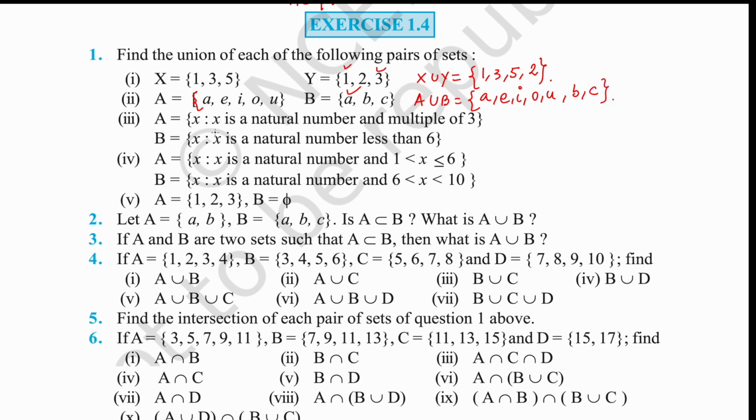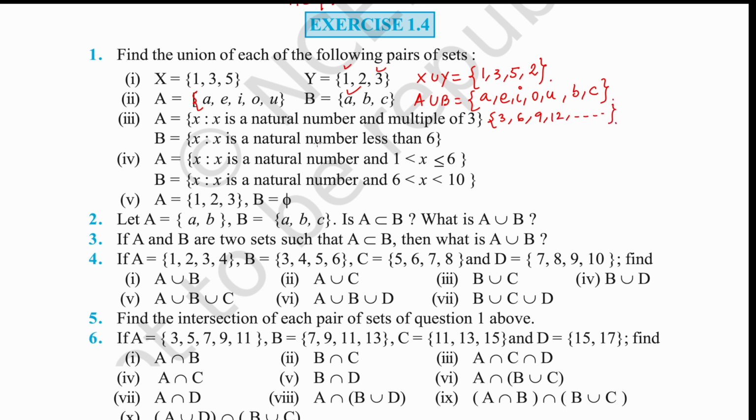Now let's see these two. X is a natural number and multiple of 3. And here you have X is a natural number less than 6, right? So you have to find the union of these two. The first set is going to have 3, 6, 9, 12, and so on, right?